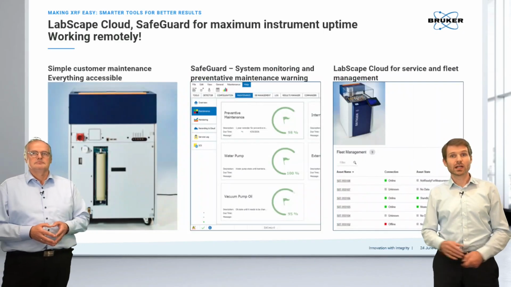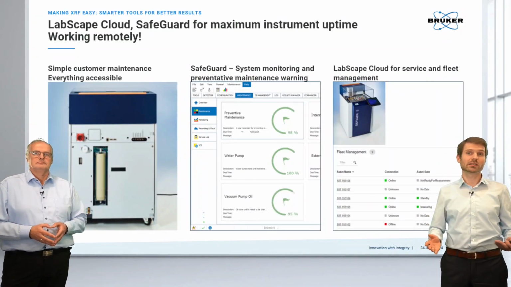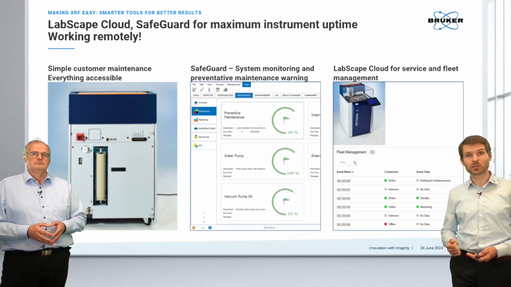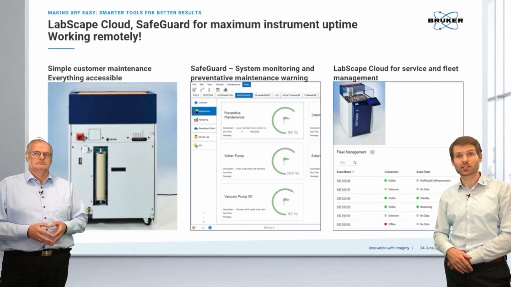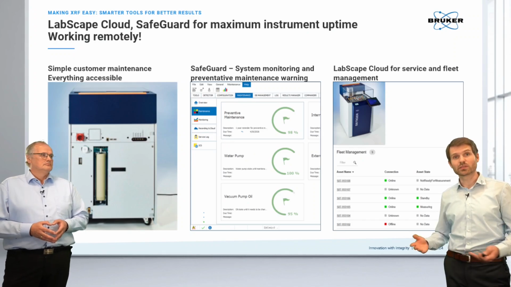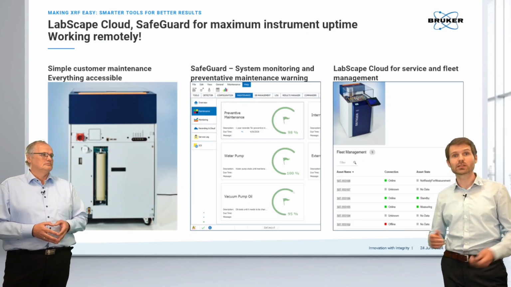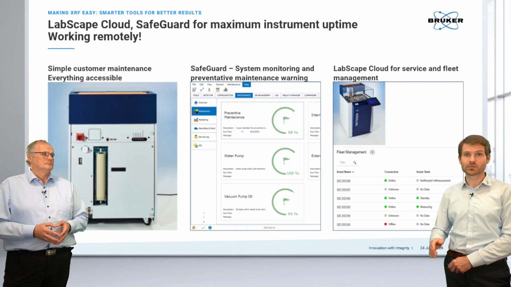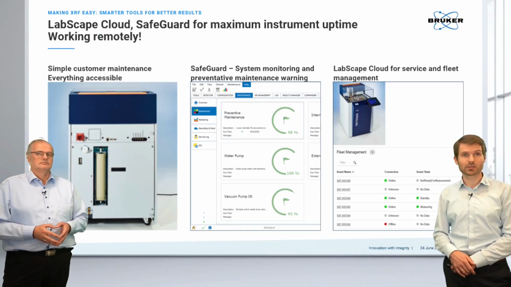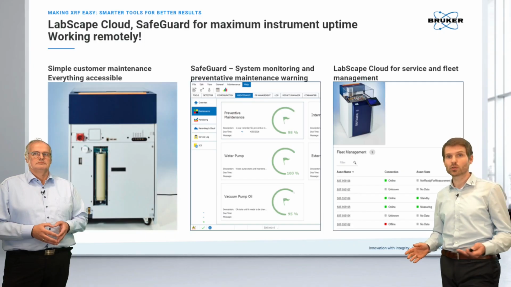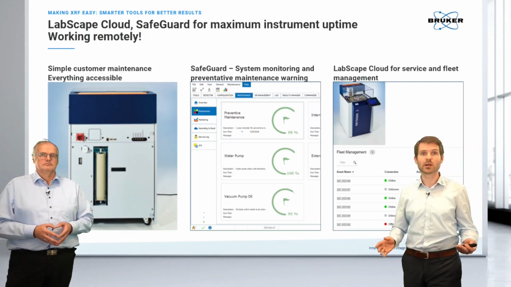Exactly. But we also have more, and those who have joined maybe our more recent webinars throughout the year when we launched the SA Tiger, there you can also find more information about this. So with the SA Tiger and the next version of the SPECTRA.ELEMENTS software, we also added LabScape Cloud. So LabScape Cloud really monitors all instrument parameters.